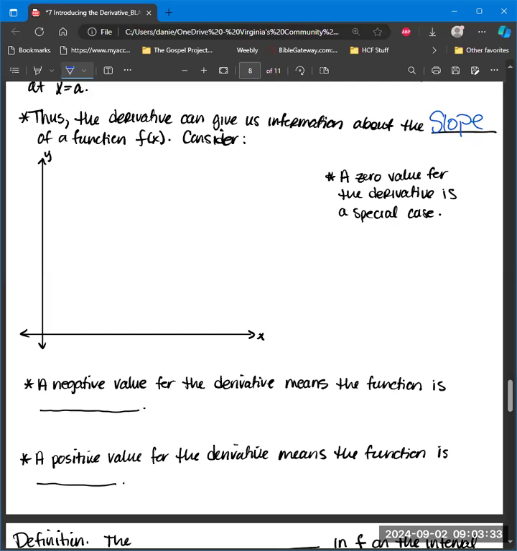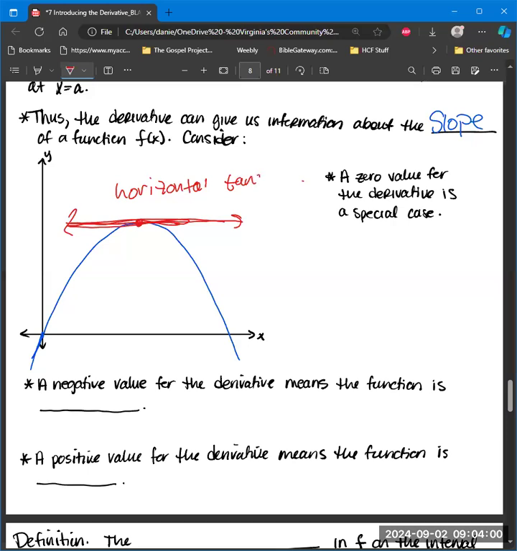So let's look at a slightly different function than we had before. Let's look at this parabola like this, which crosses the x-axis twice, and we're definitely going to be interested in that tangent line right there that's horizontal. This is a horizontal tangent line, and the slope here equals 0.